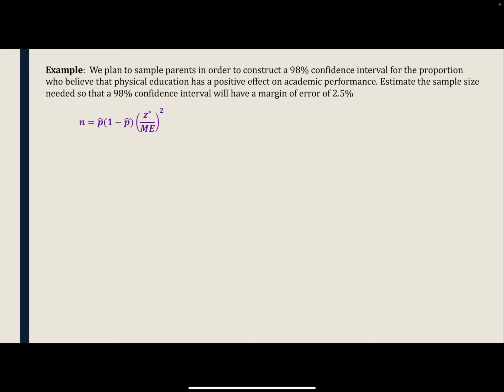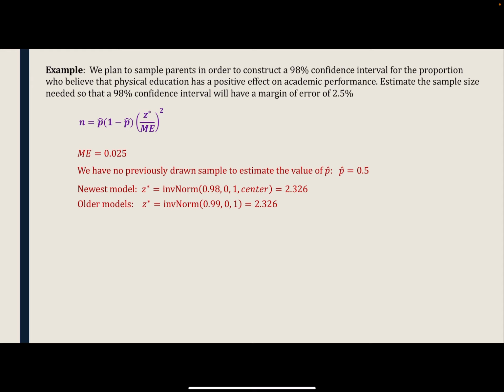We're using the same formula. Again, we know the margin of error is 0.025. Because we have no previously drawn sample, our p hat is going to be 0.5, which means q hat is 0.5. And again, we have this z star. I'm just writing down the steps here, but definitely grab it off of the table that I have on the previous slide.